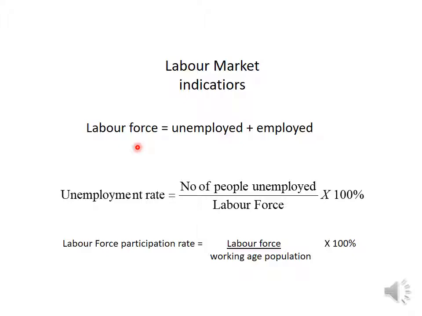Your unemployment rate: just take the number of unemployed over the labor force, and then take a percentage. Your labor force participation rate: just take labor force over working age population times 100%. These three formulas tell us about what is going on in the labor markets. You should remember these formulas.